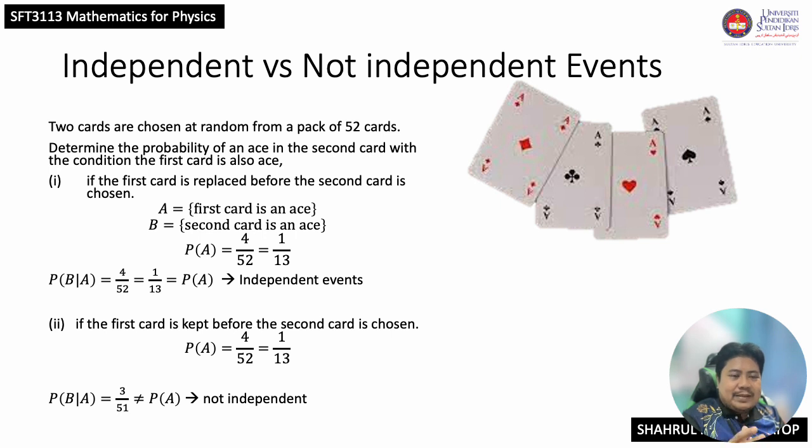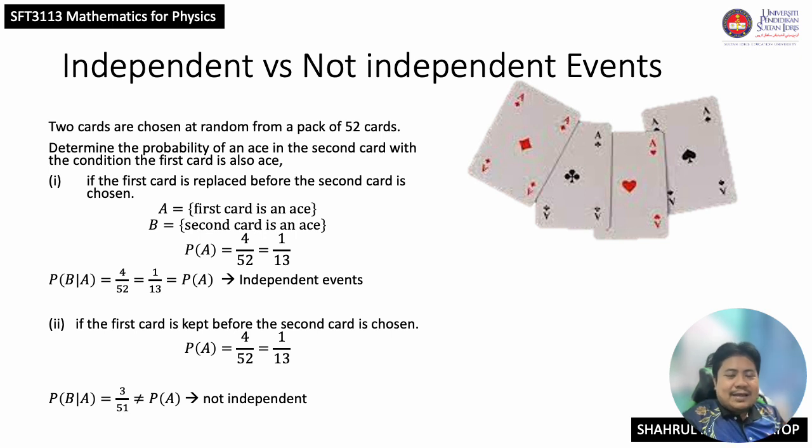The probability of B, the second card being an ace given the first card is an ace, has the same value. So event B and event A are independent. Whatever happened in A doesn't affect whatever happened in B. This is what independent events mean.